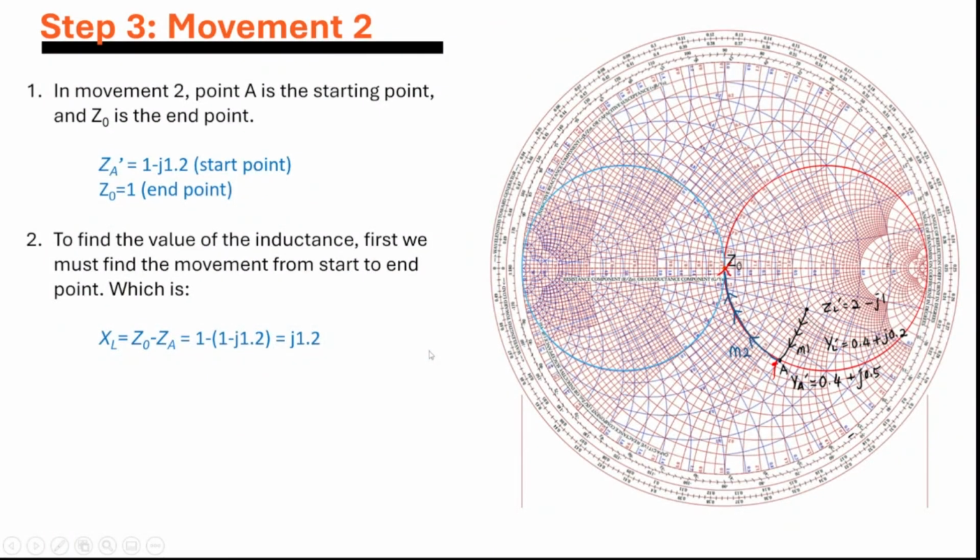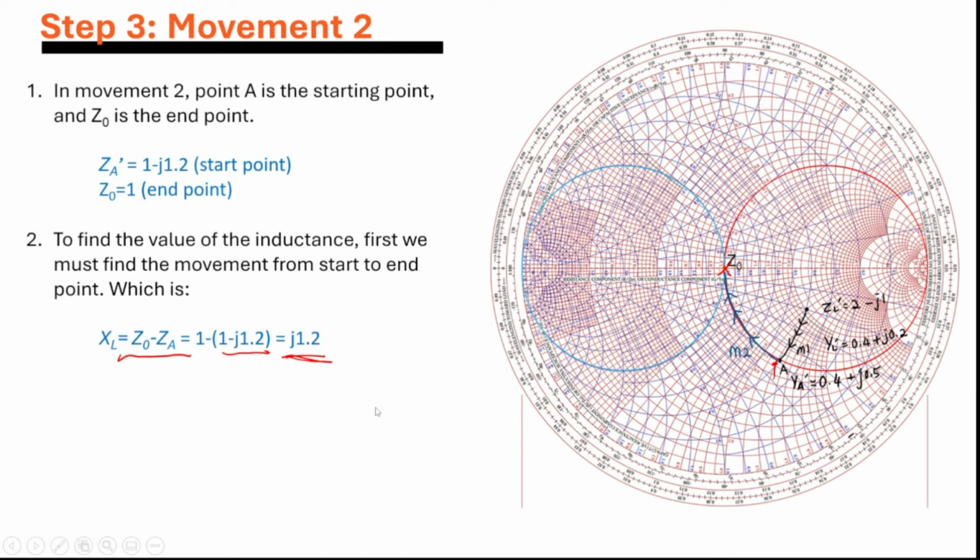XL is the impedance of the endpoint minus the impedance of the start point. In this case the endpoint is 1, so 1 minus 1 minus J 1.2. So in the end we get XL equal to J 1.2.